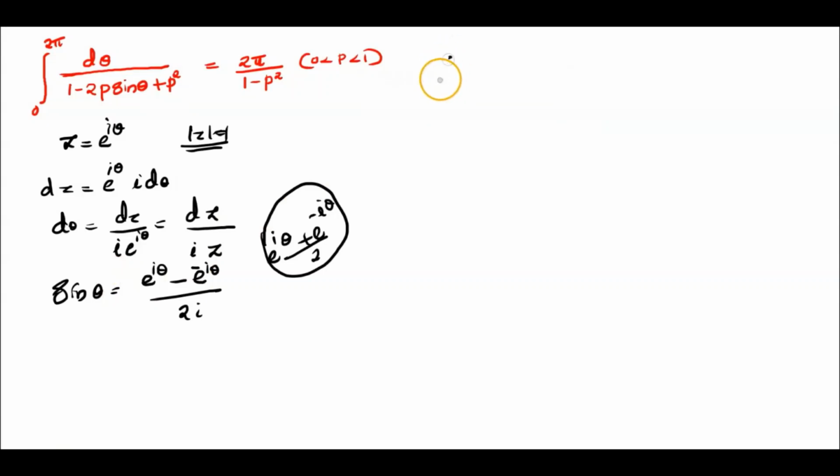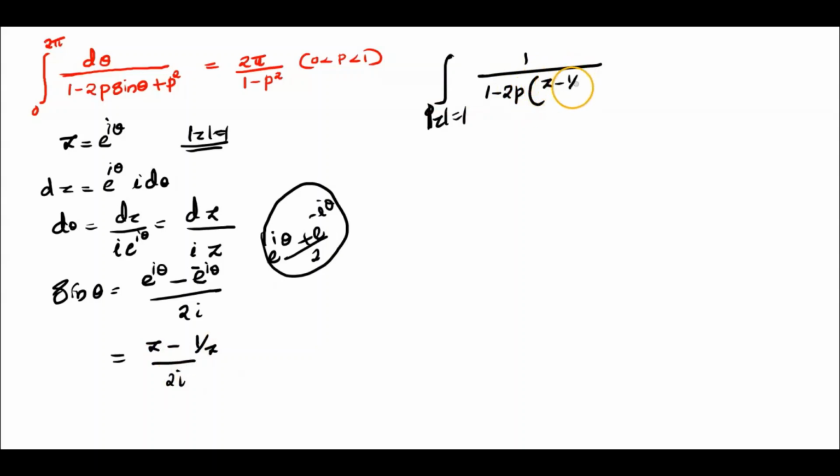Substitute this value. This integral from 0 to 2 pi becomes the integral over mod z equal to 1 of 1 by 1 minus 2p sin theta plus p square. We substitute sin theta as z minus 1 by z divided by 2i, so 2p into z minus 1 by z divided by 2i plus p square.